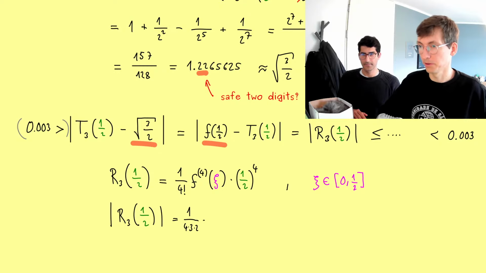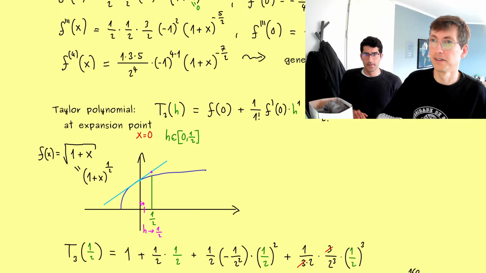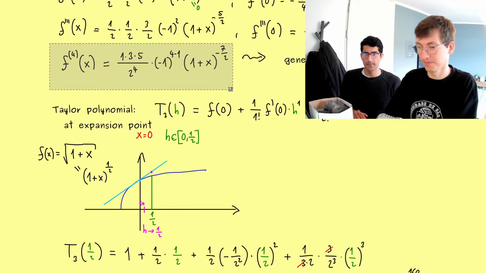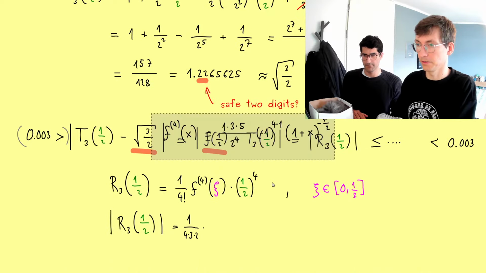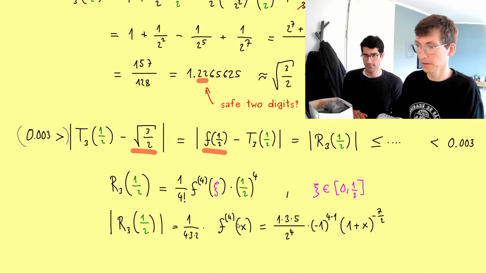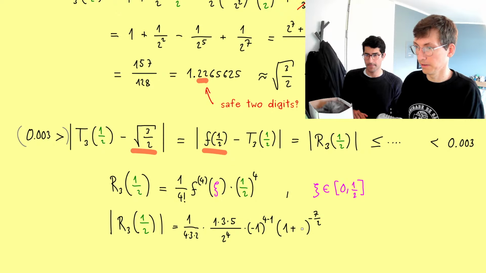Let's see, what was the fourth derivative? Maybe we copy that to the bottom, because we actually use the whole thing. We just have ξ instead of x.